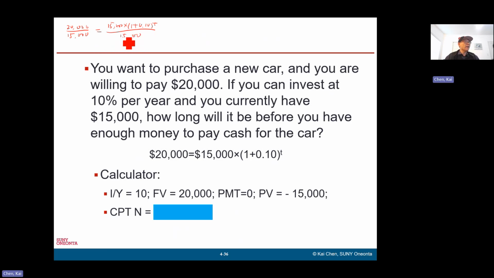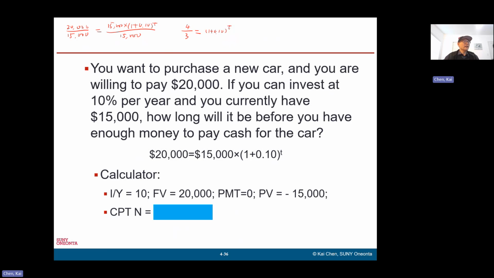Okay, I'm going to simplify the expression. On the left hand side, 20,000 divided by 15,000 is 4 over 3. On the right hand side, the 15,000 in the numerator cancels the 15,000 in the denominator. So on the right hand side we have 1 plus 0.10 raised to the power of t.